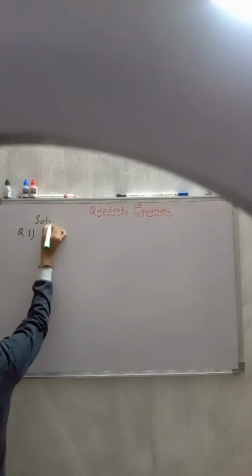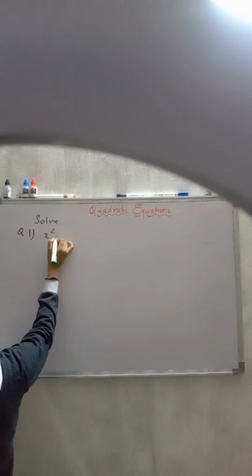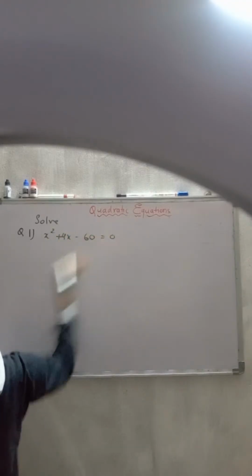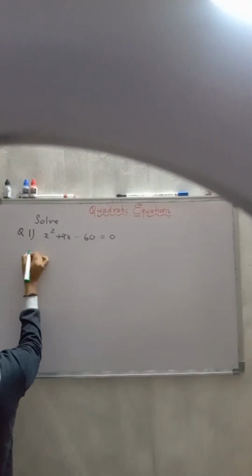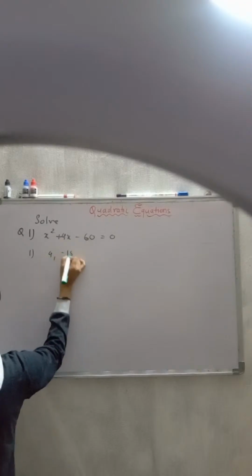Solve quadratic equation. First one is x square plus 4x minus 60 equal to 0, and the options are A 4 minus 15.